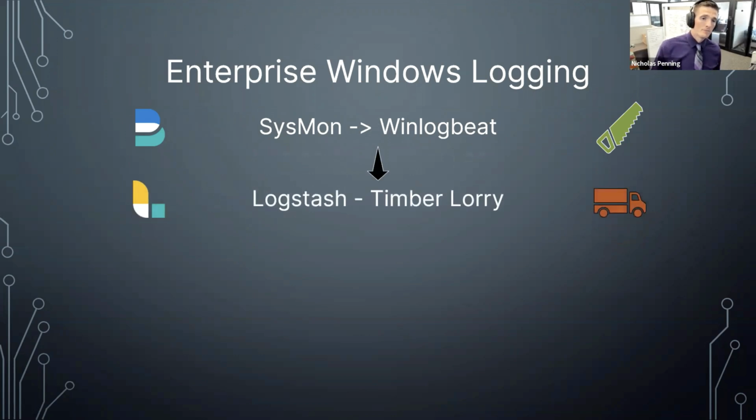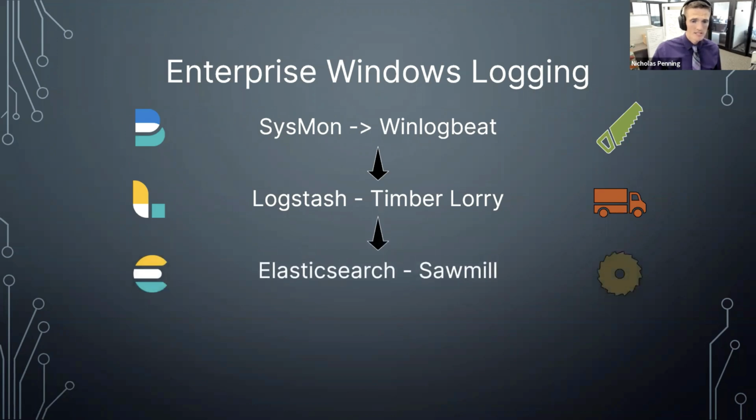So when Winlogbeat ships logs, you can send it straight to Elastic, or you can send it to Logstash and further enrich them before they get into Elastic. Instead of using a Logstash node, you can also use Elastic ingest nodes. And I know we've got some experts at Elastic here that can elaborate on that. But for the sake of this example, we're going to use Winlogbeat, send those events to Logstash, do our enrichment, and then send them to Elasticsearch.